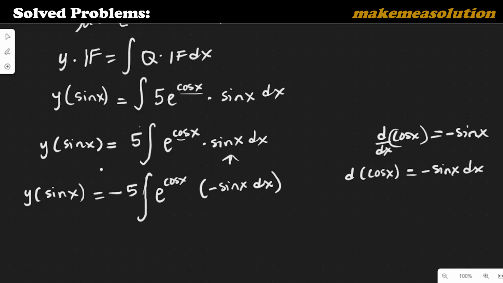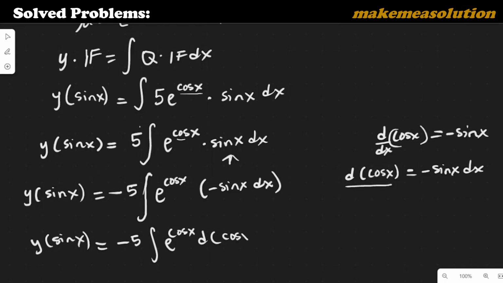Now that we are seeing minus sin x dx, we can replace it with d of what? Cos x. So you have y sin x is equal to minus 5 integral of exponential cos x d cos x.